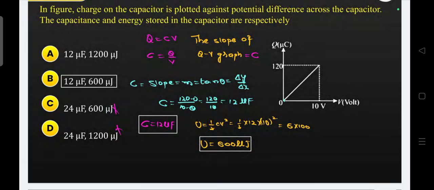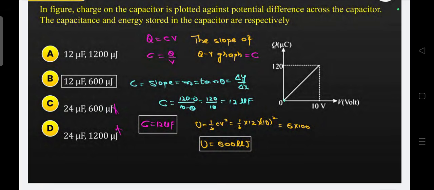Next question, in the figure charge on the capacitor is plotted against potential difference across the capacitor. The capacitance and the energy stored in the capacitor are respectively? So on the basis of the topic we explained on the last page, here is the question.